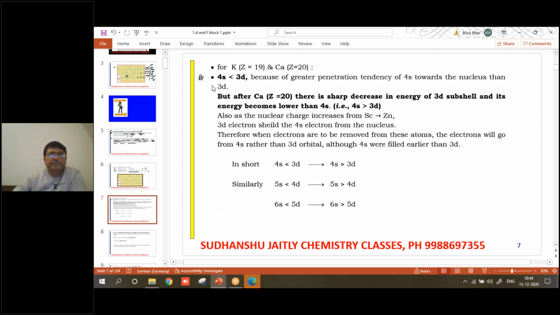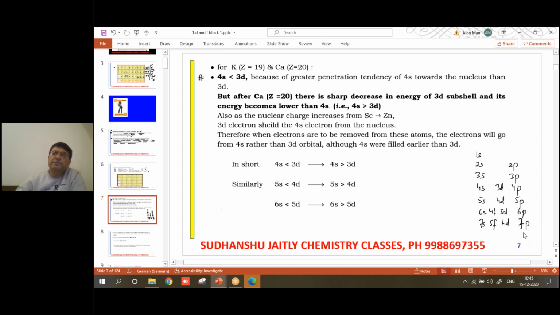Chalo, so you remember the Aufbau principle: 1s, 2s, 2p, 3s, 3p, 4s, 3d, 4p, 5s, 4d, 5p, and so on; 6s, 4f, 5d, 6p; and then 5f, 6d, 7p.